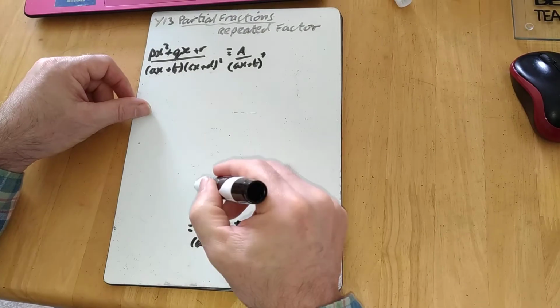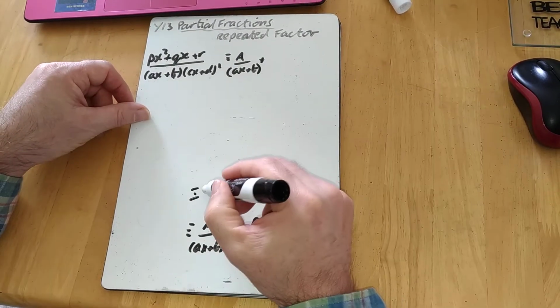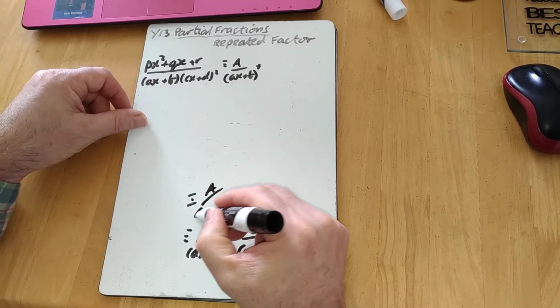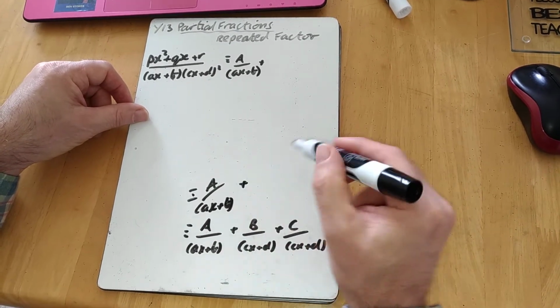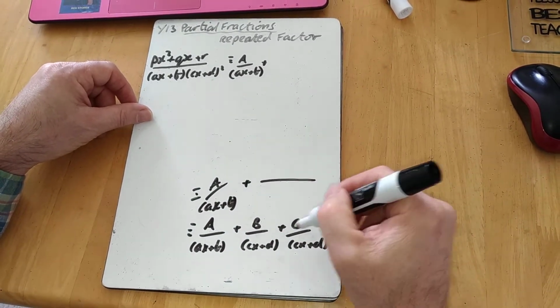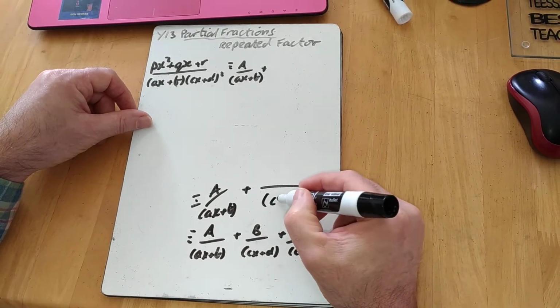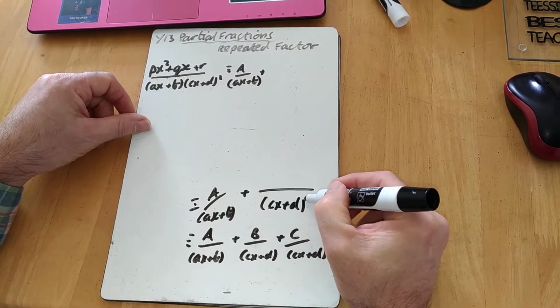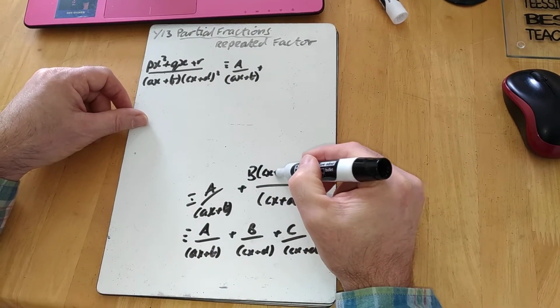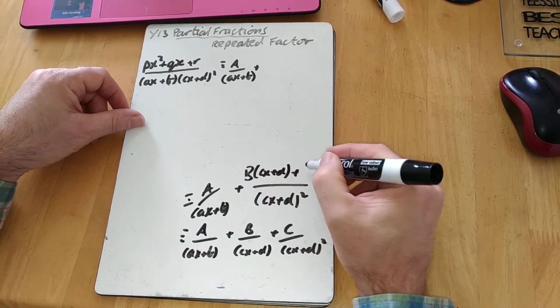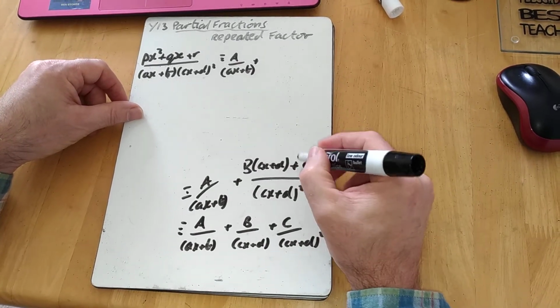The reason is, if I go backwards a step, I'm always going to have that a over ax plus b, and then plus, if I consider this as one fraction over cx plus d all squared, I get b times the cx plus d, and then plus that c. I've got to be careful with my big c's and little c's.